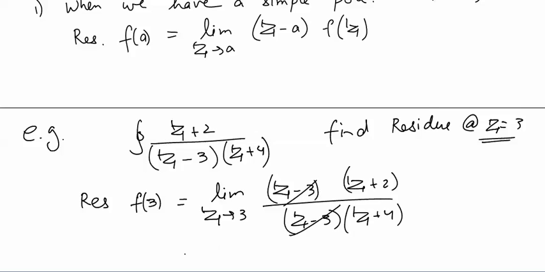So this gets cancelled out. If you apply the limit, it will become 5 by 7, right? So that will become the residue. Very simply we can calculate the residue. Clear? So this is how you have to find the residues. Now you can easily try problems on this fundamental and get the residue and the residue theorem.